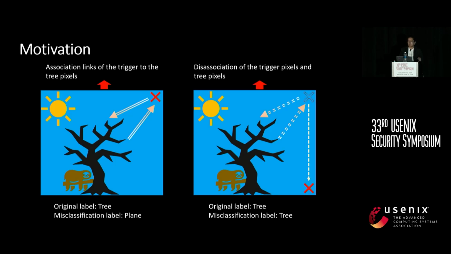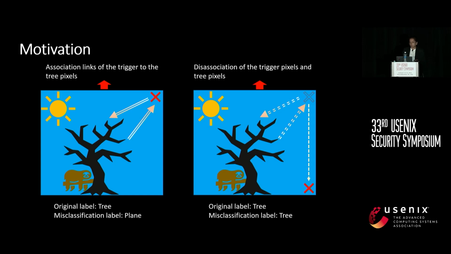However, the existing explanation methods are not robust or efficient enough to discern the relationship links between the trigger features and the features of the other objects in the input sample. For example, in the input sample on the left side, the trigger, which is a cross, has a relationship with the tree in the input sample.